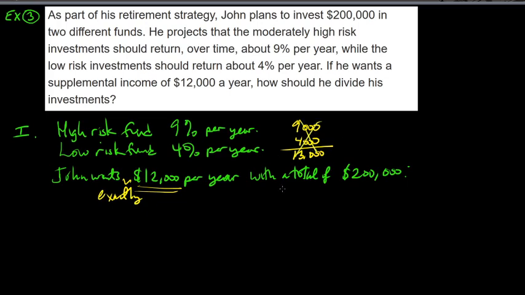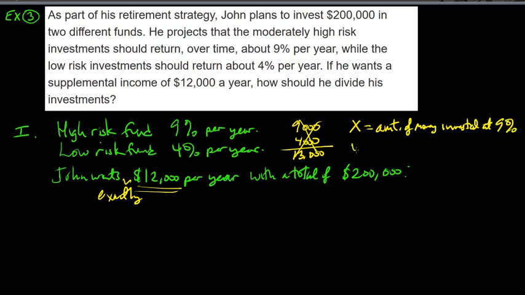Okay, so it's not going to be an even split. It's not going to be 100,000 and 100,000. It might be, I don't know, 150,000 and 50,000, right? But instead of guessing, let's give this a name. Let's call this X. This is going to be the amount of money invested at 9% interest.